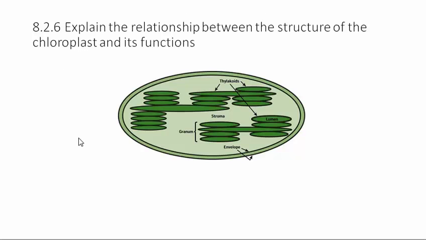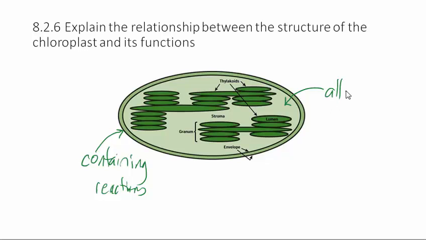So first, there's a double membrane on the outside, and that's containing all the reactions that are happening during photosynthesis. The stroma, which is kind of like the cytoplasm of the chloroplast, allows for the Calvin cycle, the light-independent reactions, to happen.